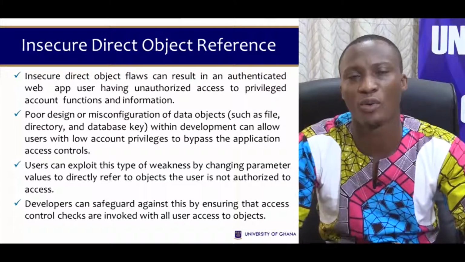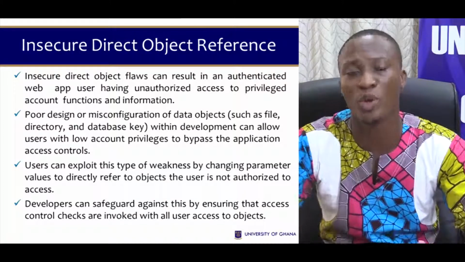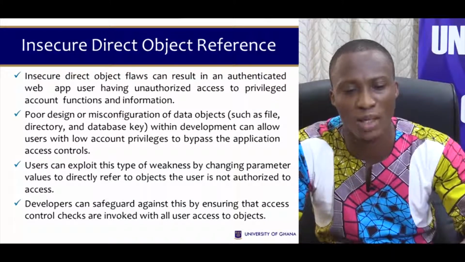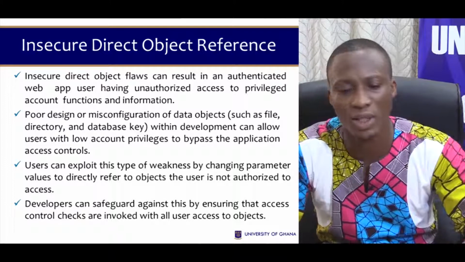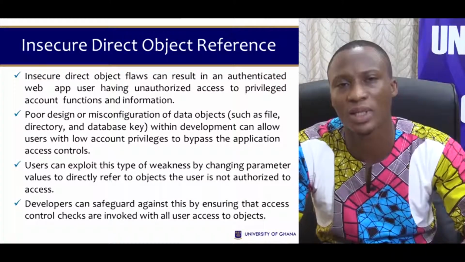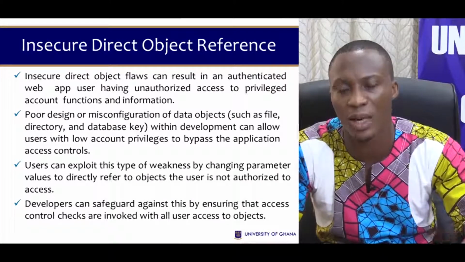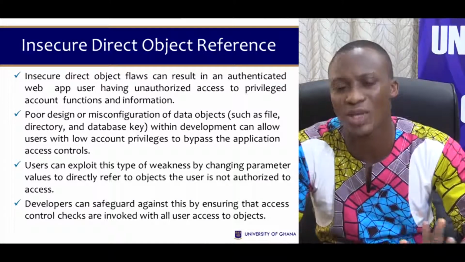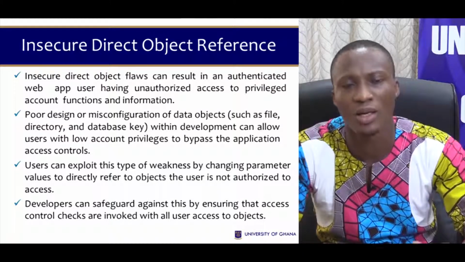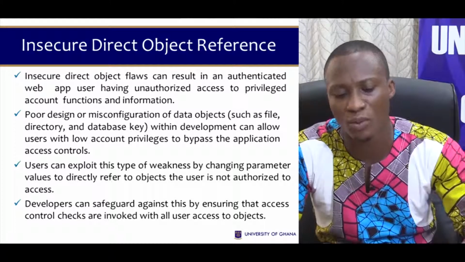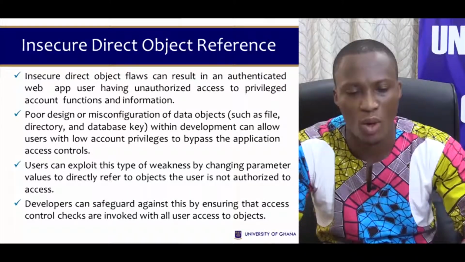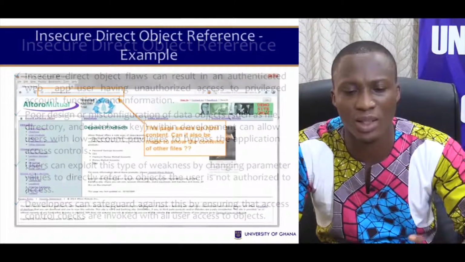I don't have the authority to go beyond that, and that is where the insecure direct object reference comes in. Developers can safeguard against this by ensuring that all access controls are checked and invoked with all user objects.